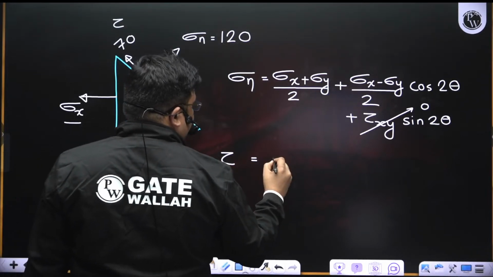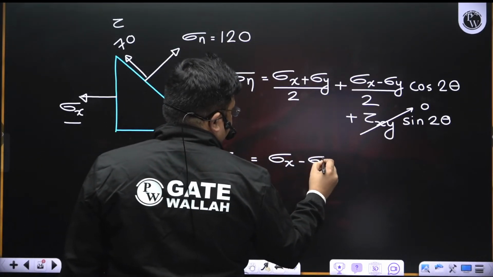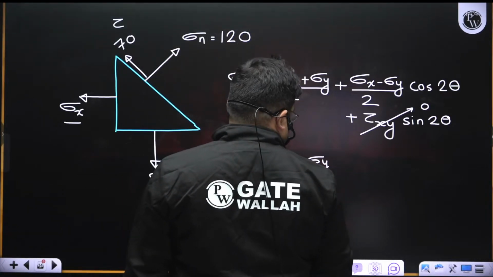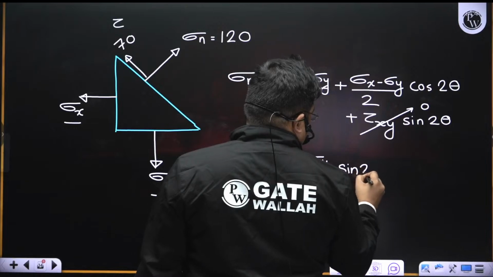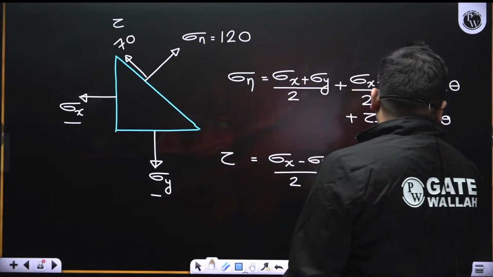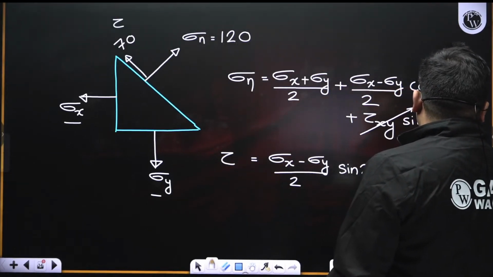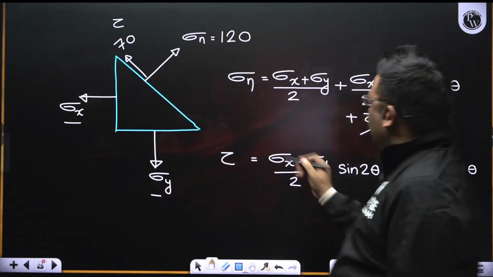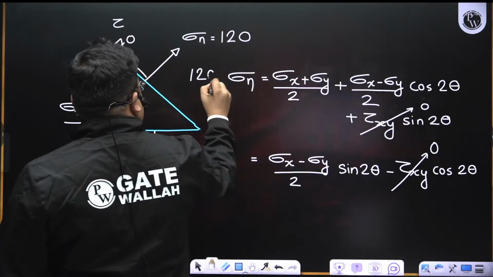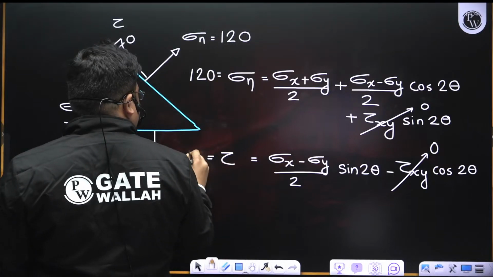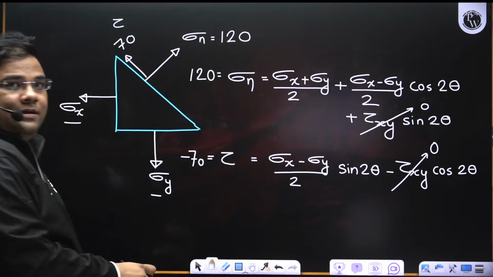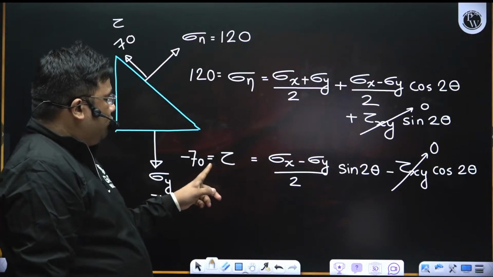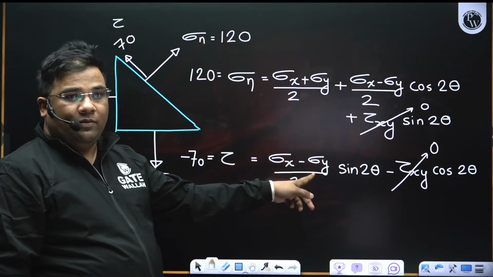The equation is sigma x minus sigma y by 2 sin 2 theta, minus tau xy cos 2 theta. Again tau xy is 0, so this term goes. Now sigma n is 120 and shear stress is minus 70. We have two equations and two unknowns, sigma x and sigma y.